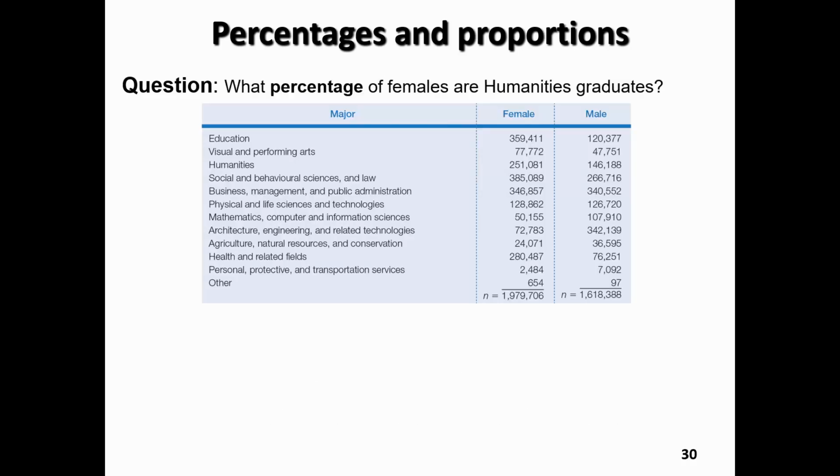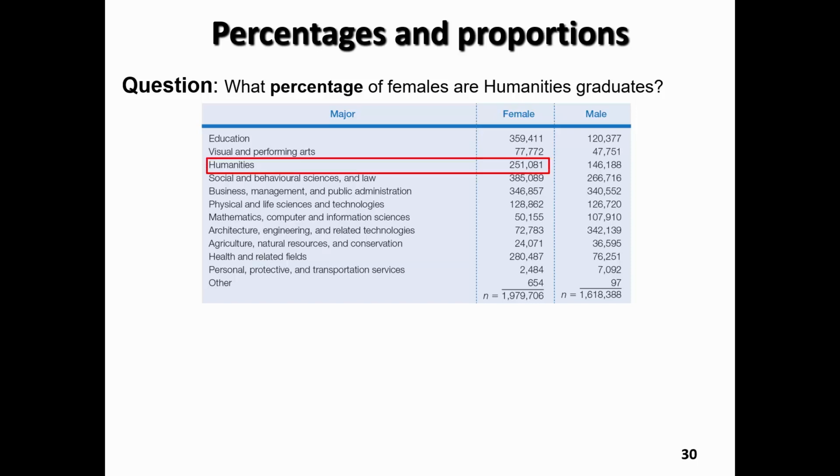So using some sample data here, examining university majors, the question here is what percentage of females are humanities graduates? And these are hypothetical data obtained for different university majors in the province of Ontario, as an example.